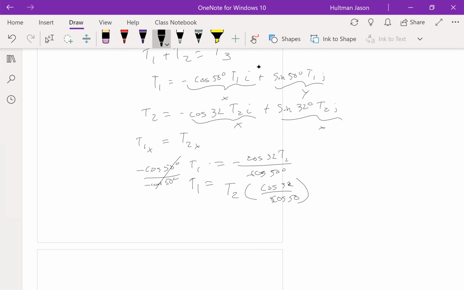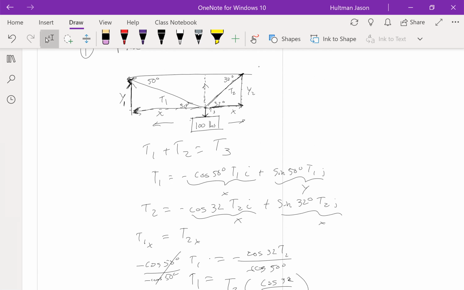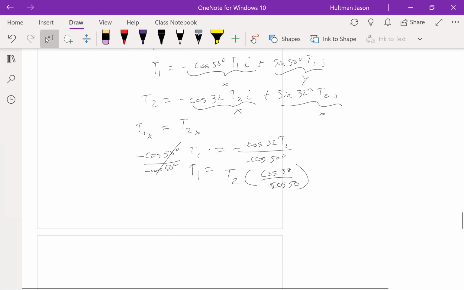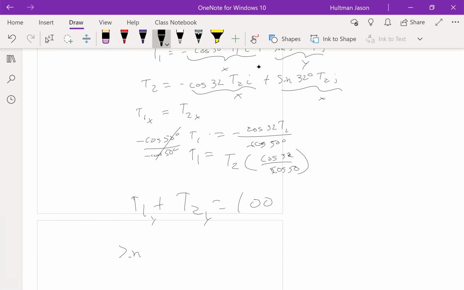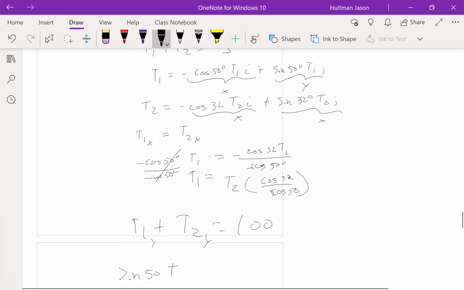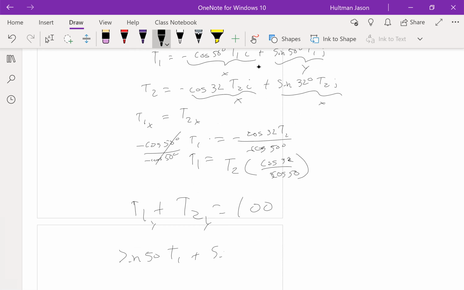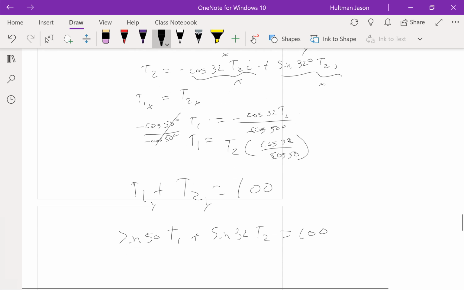My second equation would be the sines, in the Y direction: T1 plus T2 has to be equal to 100. So the sine of 50 T1 plus the sine of 32 T2 has to be equal to 100. I can solve this for T1, or I could just sub in.